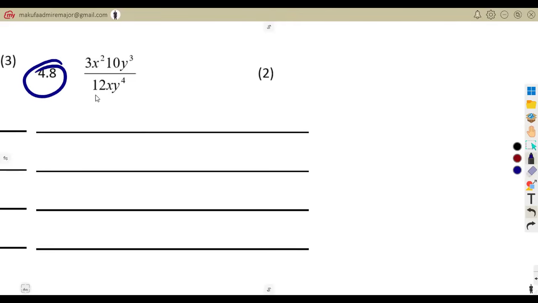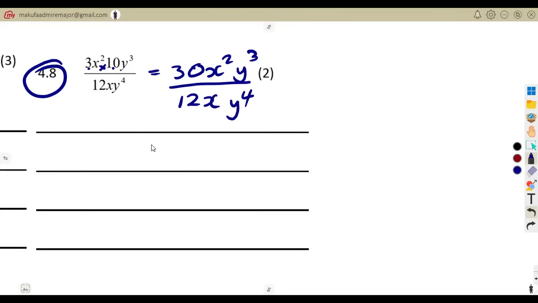On 4.8, we also have a part to simplify. So there we have 3x. This is just a product. 3x squared times 10. So 3 times 10, that's 30. So that's 30 x squared, y to the exponent of 3 over 12x, y to the exponent of 4.